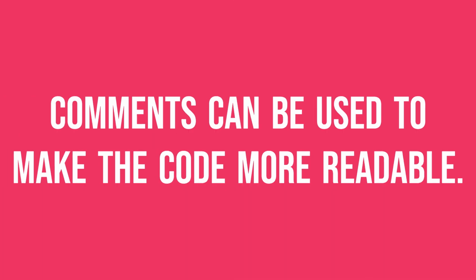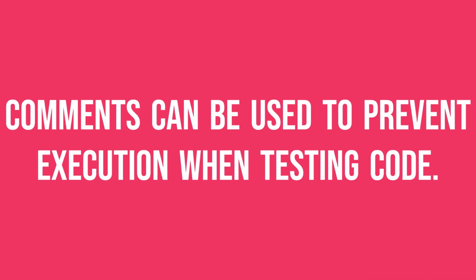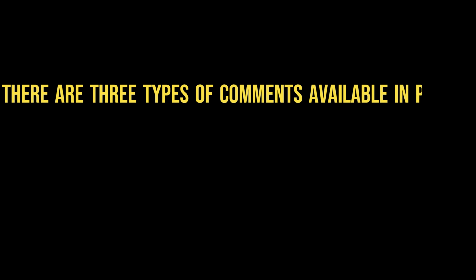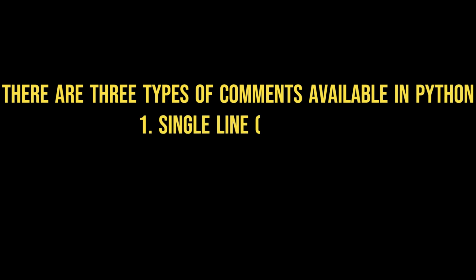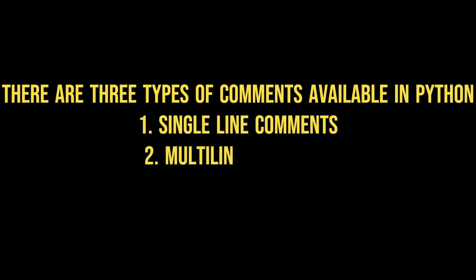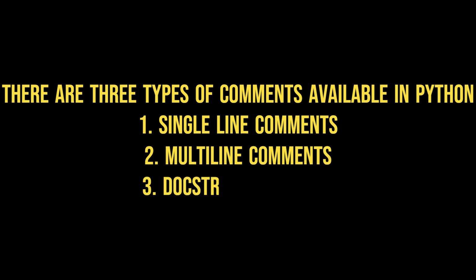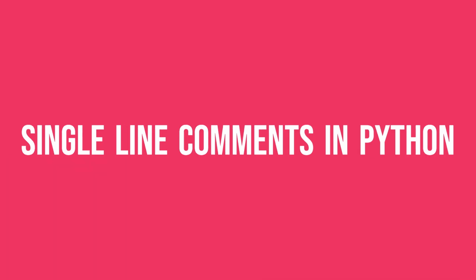Comments can be used to make the code more readable. Comments can be used to prevent execution when testing code. There are three types of comments available in Python. 1. Single-line comments. 2. Multi-line comments. 3. Docstring comments.